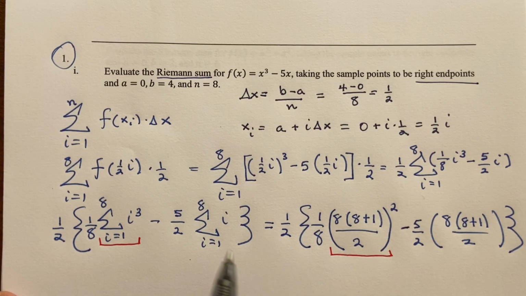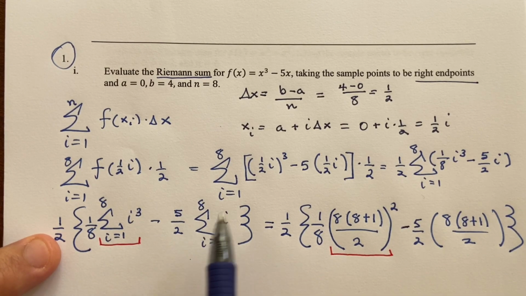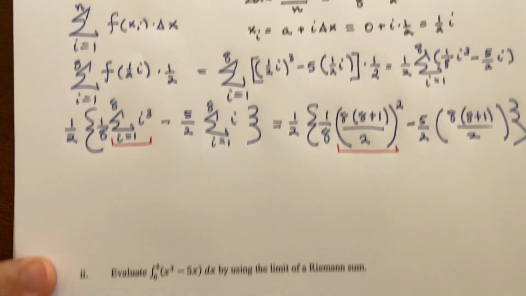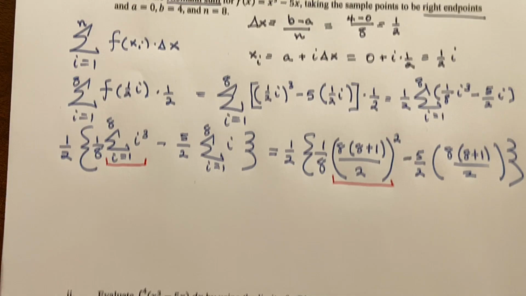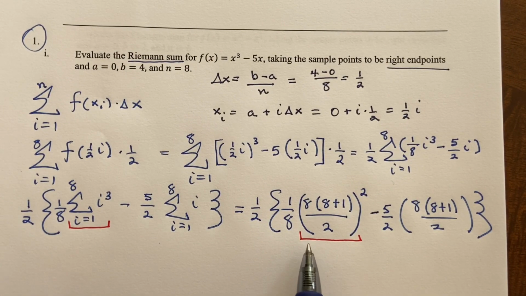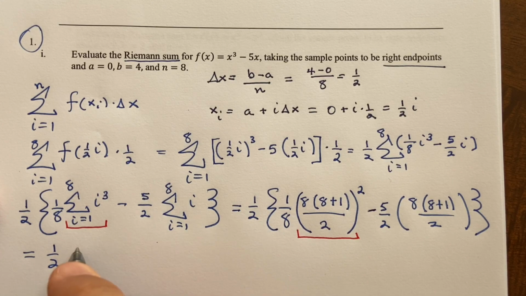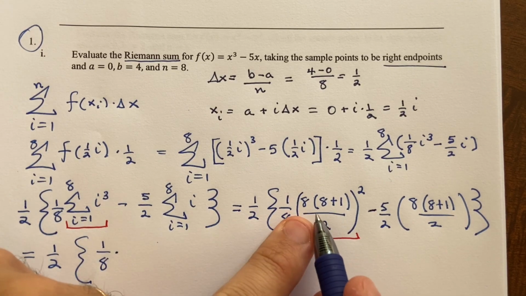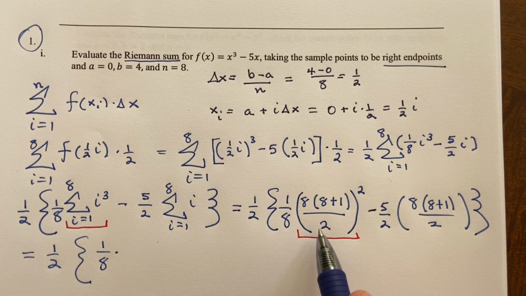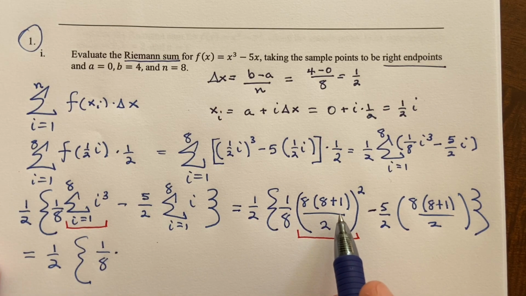So hopefully this helps. I'm kind of showing you guys how to use the sum formulas even to estimate, right? We're going to use the sum formulas down here to find the exact in a second, but you can use them here too. So simplifying this, okay, so I'll have 1/2, these braces, okay, 1/8 times, so this would be, I guess, 8 times 9, 72, 72 squared over 4.